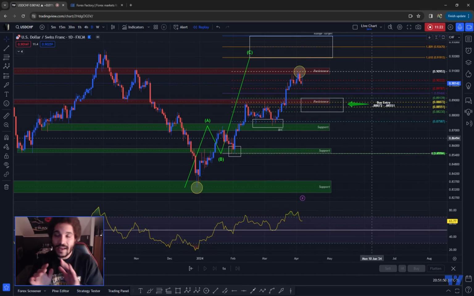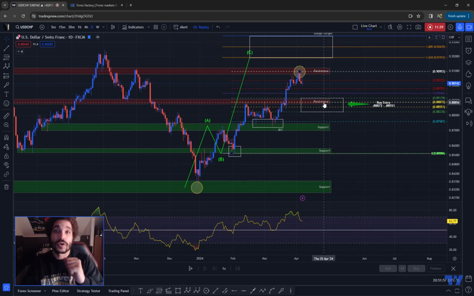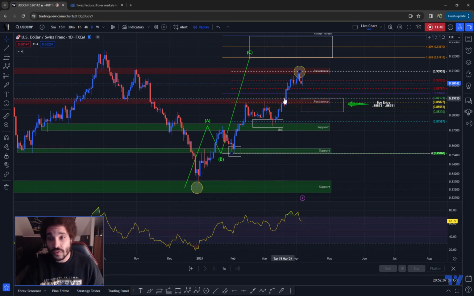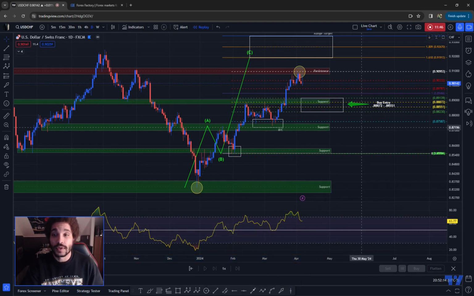Now, 88.872 is going to be our 61.8% retracement zone, which turns out to be perfectly aligned with our previous highs before our break of resistance, and will also be the test to see if our resistance has turned support.